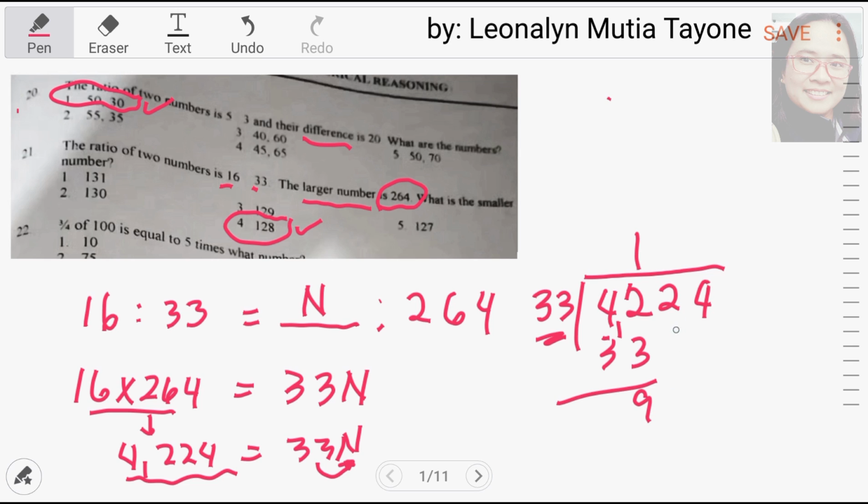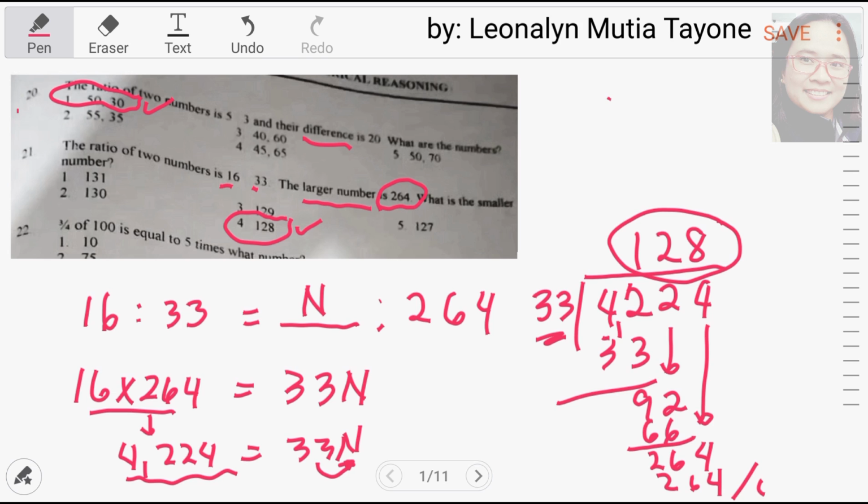Bring down mo si 2, 92. Ilan bang 33 sa 92? That is only 2, 66. Bring down mo si 4. Itong si 264 na divide na natin to sa 33 and that is 8. 0 na yan. Ito na yung sagot, 128.